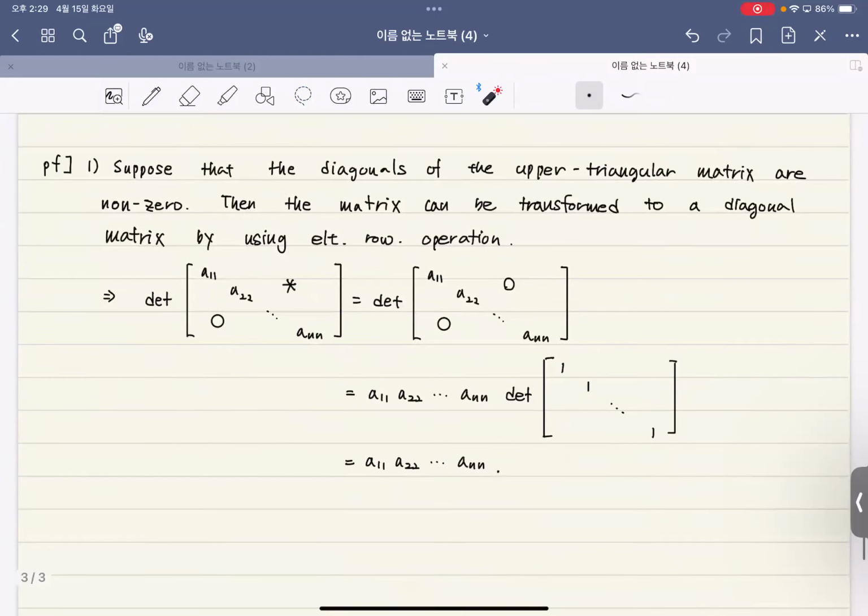Now, what if the diagonal has at least one 0?